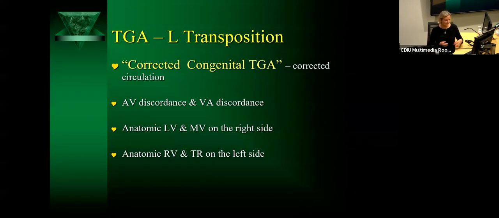And the right ventricle, which is in the wrong spot, is going to the aorta, which is discordant again. So anatomically, the left ventricle and mitral valve are on the right side, because the valve always goes with the ventricle, and the right ventricle and tricuspid valve are on the left side.